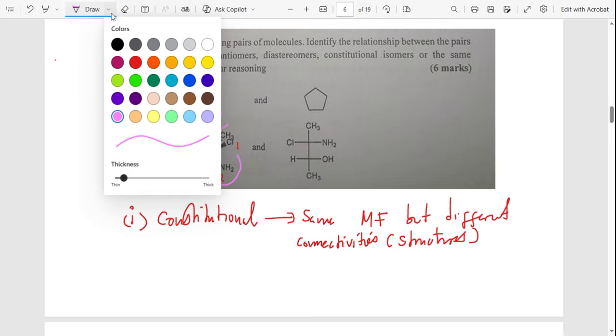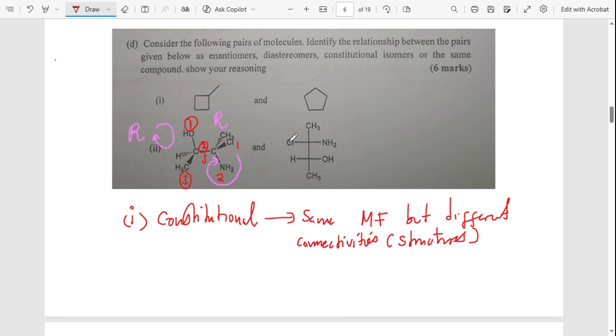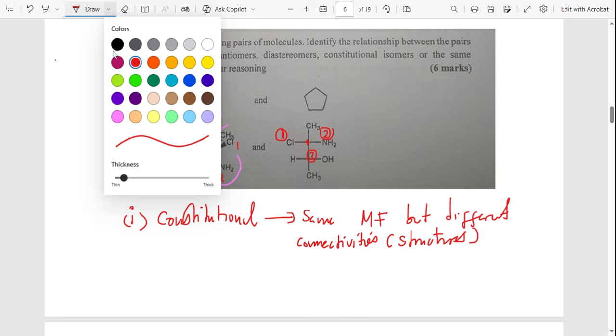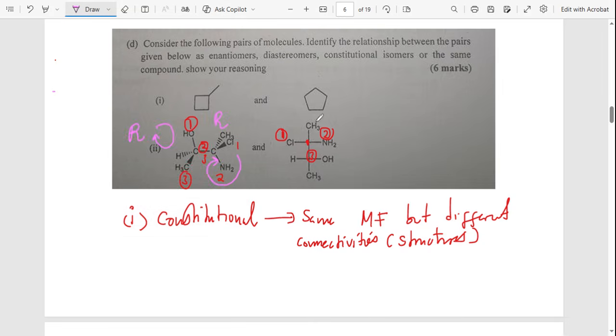When we go to the next compound, the first carbon, this one, group 1 is chlorine, 2 will be nitrogen, 3 will be this big group down. So again, count from 1 to 2 to 3. Because the CH3 on top is actually not big. So this is going to be like this. But you can see the fourth group is at the back.